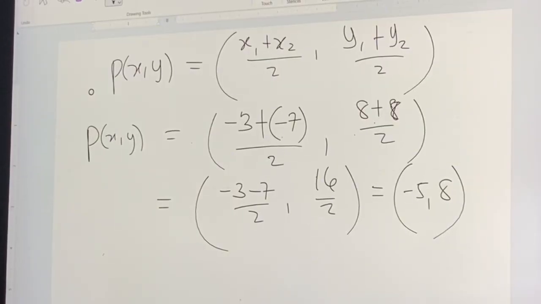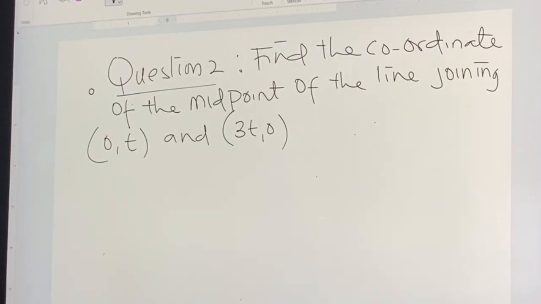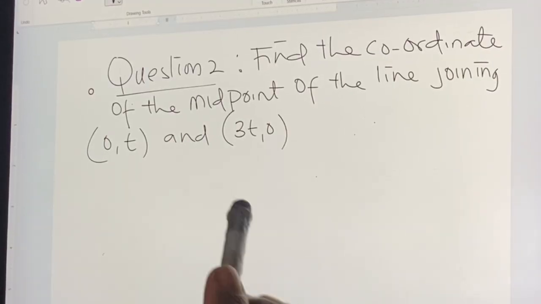Let's solve question 2 to understand this perfectly. Question 2 says, find the coordinates of the midpoint of the line joining (0, t) and (3t, 0). Let's solve this.